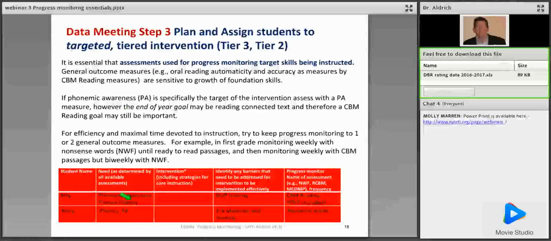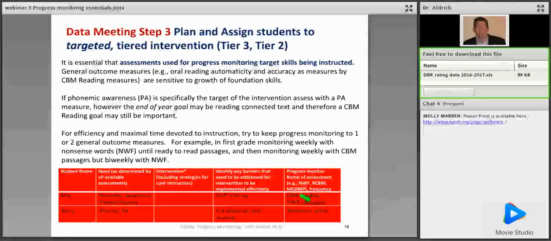And at your decision-making times, you want to talk about what the intervention's addressing, what the need is, what the intervention's going to be, and a progress monitoring tool that maps onto the need and the intervention that's being provided.